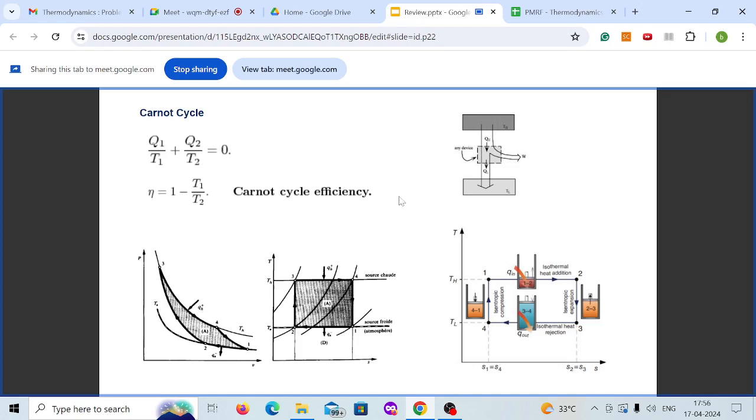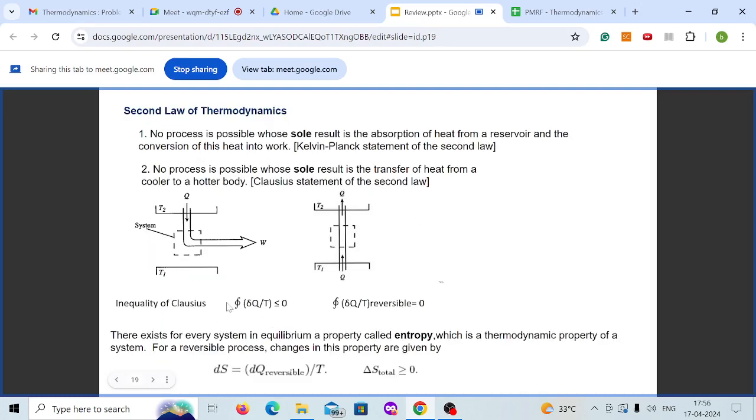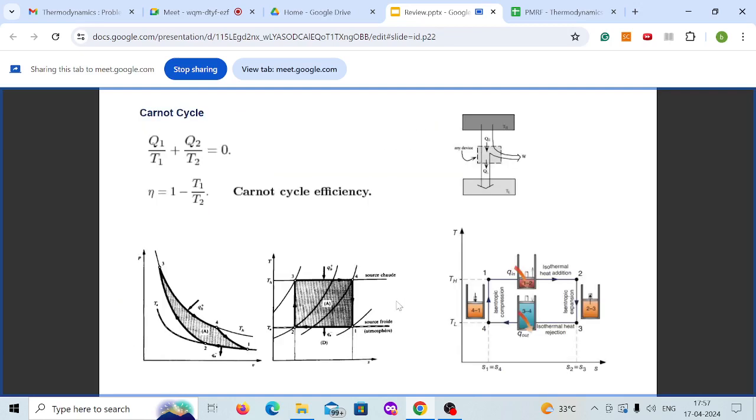The Carnot cycle comes from applying both your first law and second law. The second law, going back to the Clausius inequality, says that the integral of delta q by T should be less than or equal to 0, and for a reversible process it should be equal to 0. That is what is applied to a Carnot cycle. You assume that all 4 processes are reversible, then your delta q by T is 0.